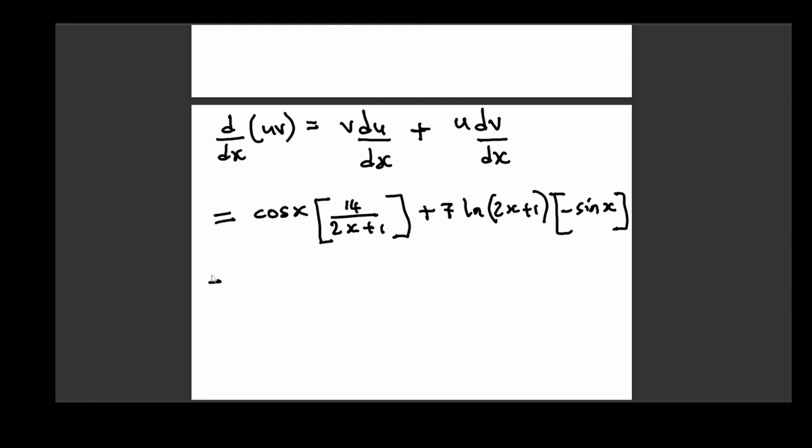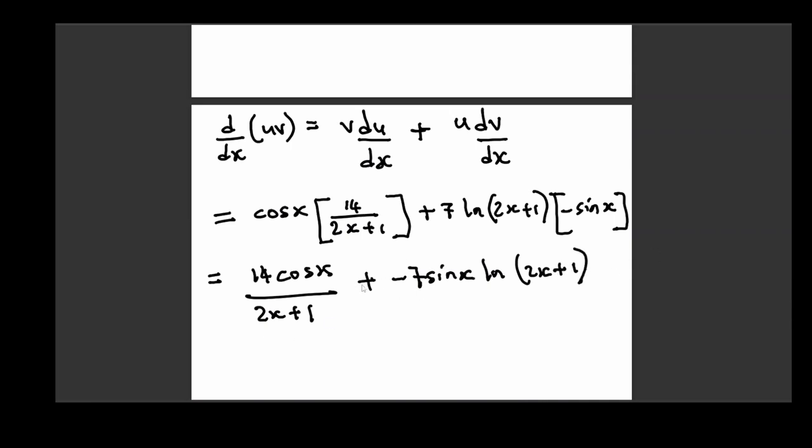So this then is equal to, if we multiply these two, we get 14 cos x over (2x + 1) plus, then multiplying these two, we also have minus 7 sine x ln of (2x + 1).